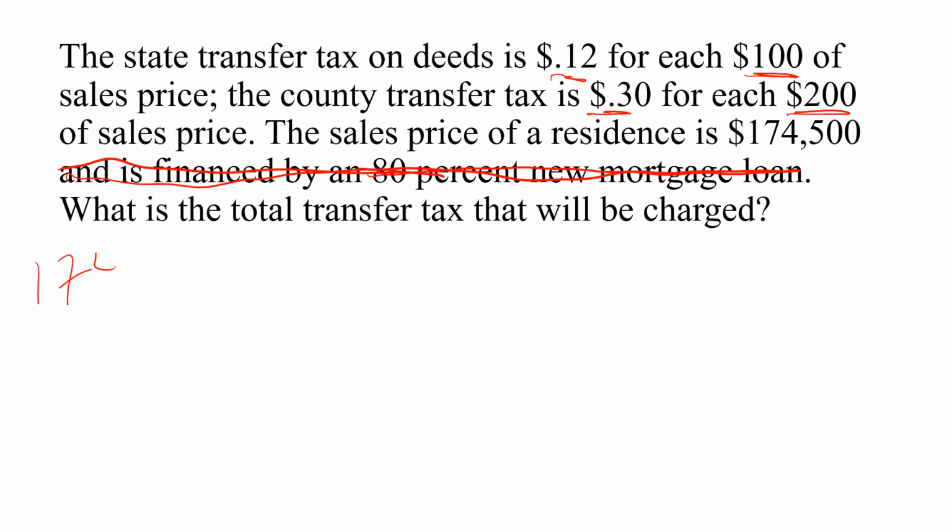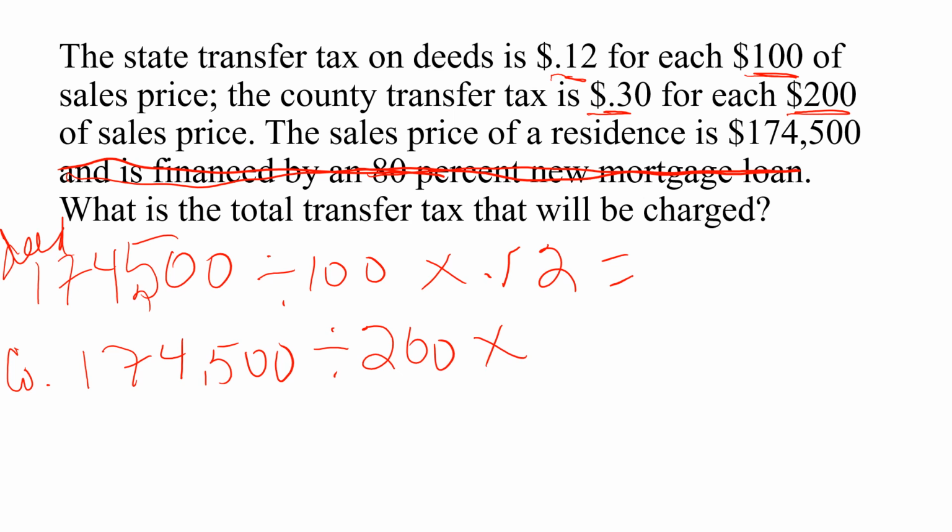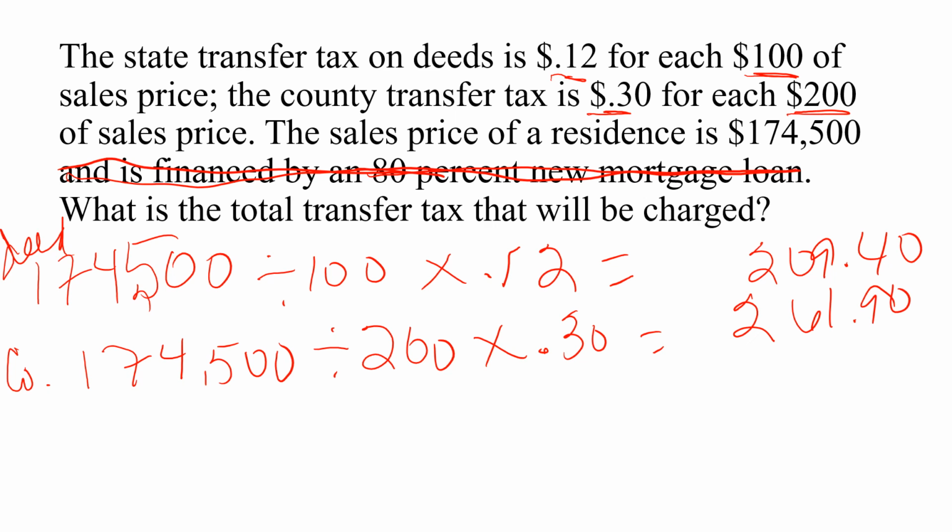So we have 174,500. For the state we divide by 100 and multiply by 0.12. And then on the county, it's 174,500. Now we divide by 200 and multiply that by 30 cents. So we've got 209.40 and 261.90. We add those together for a total of 471.